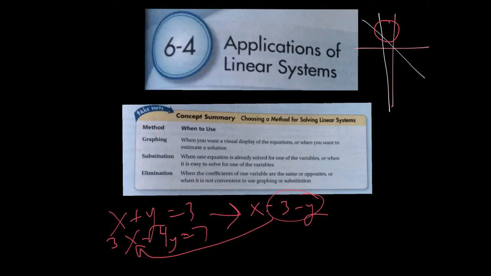And third, elimination, when the coefficients of one variable are the same or opposites, or when it is not convenient to use graphing or substitution. So elimination can be your last option if you want it to be. Some people don't like it as much as substitution, and maybe if you think substitution would be a little bit complicated here, then opt for elimination.